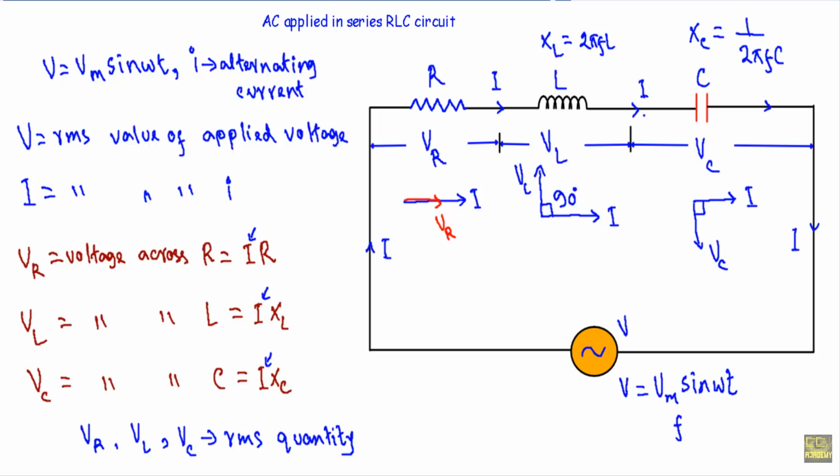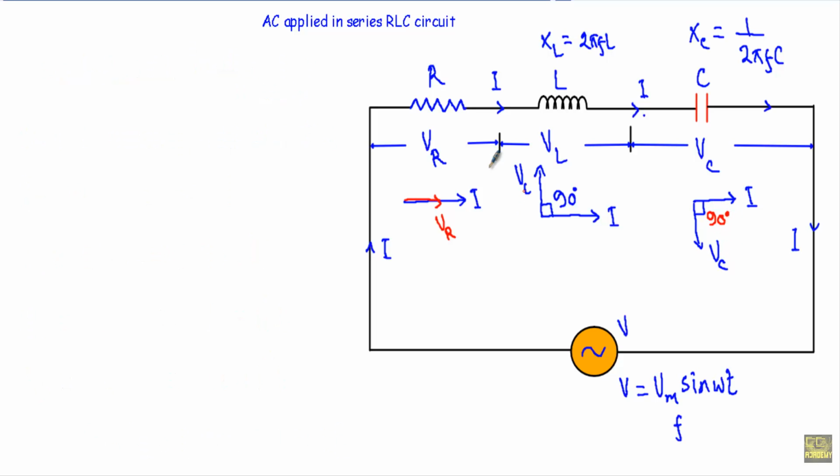The voltage across the capacitor will be 90 degrees behind the current phasor or current vector. Here VR and I will be in phase, the voltage across the inductor will lead current I by 90 degrees, and the current I leads VC by 90 degrees. So here we have taken the current I as our reference phasor in this direction.